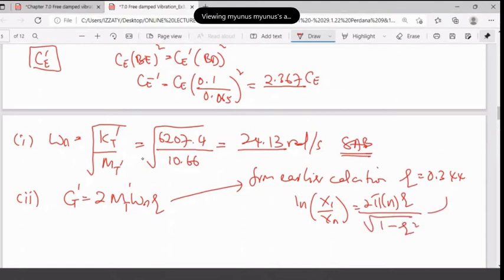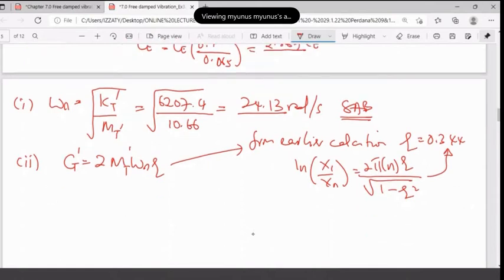So you'll be getting zeta as that. Isn't it? By knowing that your n equals 1, your x1 is always 1, and your xn is equal to 1 upon 10. These are all given parameters. Okay, you have this one.